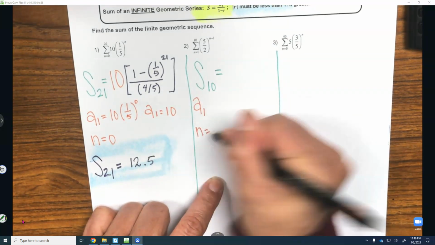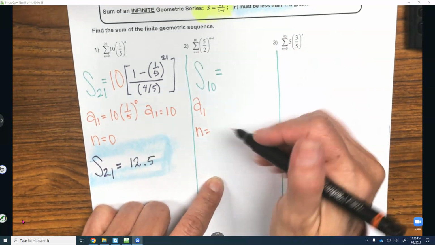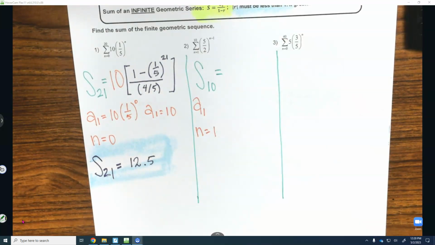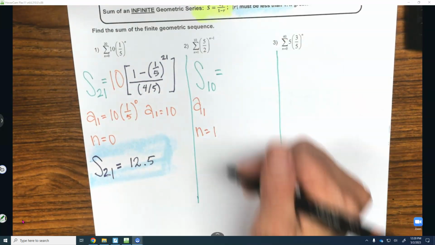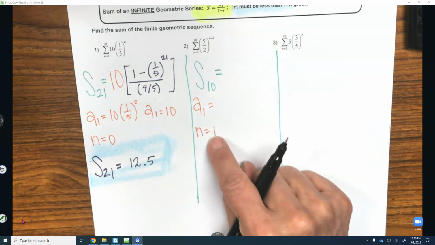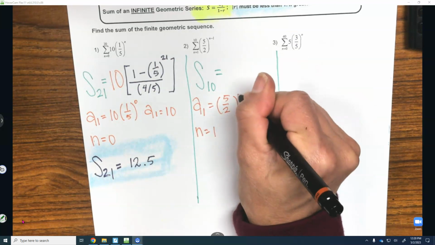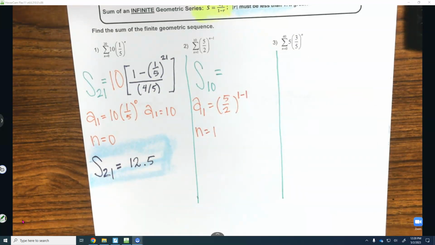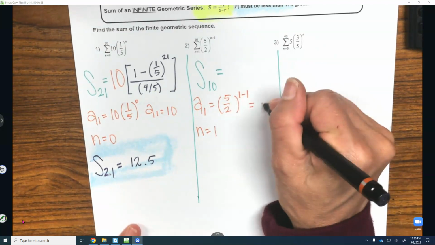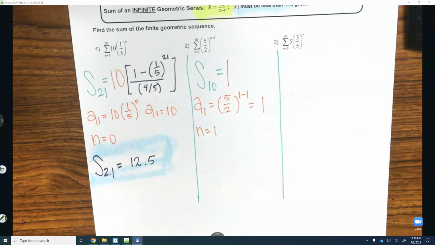For a sub 1, remember the starting value for the letter n is at 1. So let's plug in the number 1 where the letter n is. What does that turn into? And what's anything to the 0 power? There we go. A sub 1 is 1. So we're going to put a big 1 right there.